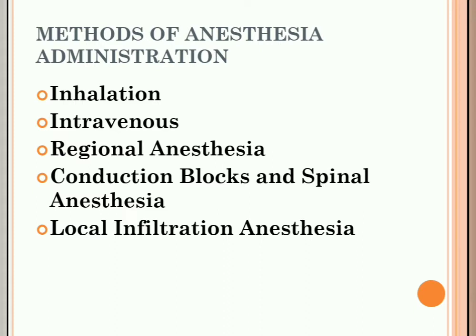Included under intravenous anesthesia are the intravenous neuromuscular blockers, or muscle relaxants. They block the transmission of nerve impulses at the neuromuscular junction of the skeletal muscles. So, as the name itself says, it relaxes the muscles during abdominal and thoracic surgery.